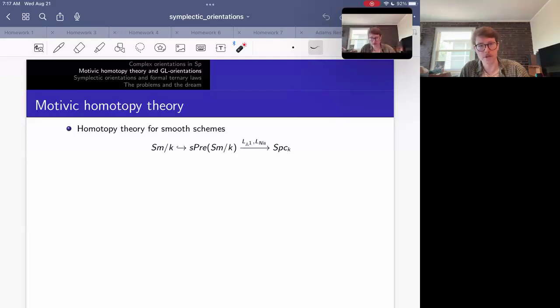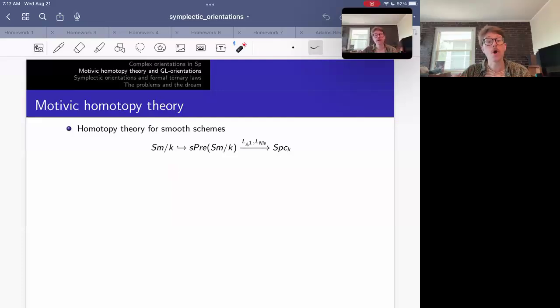So let's go into the construction of some of these categories. We start with smooth schemes over some field k, and we can embed this by the Yoneda embedding into simplicial presheaves. It's a bit of fancy words we don't need to get into. We should think of the presheaf category as adding all the colimits that don't exist in the category of smooth schemes over k.